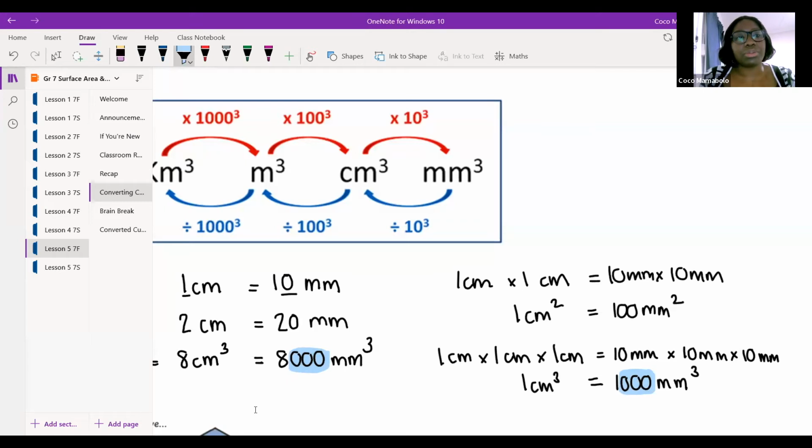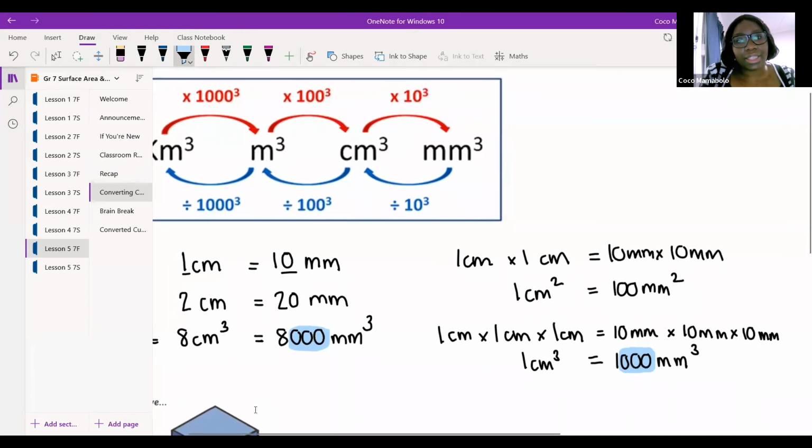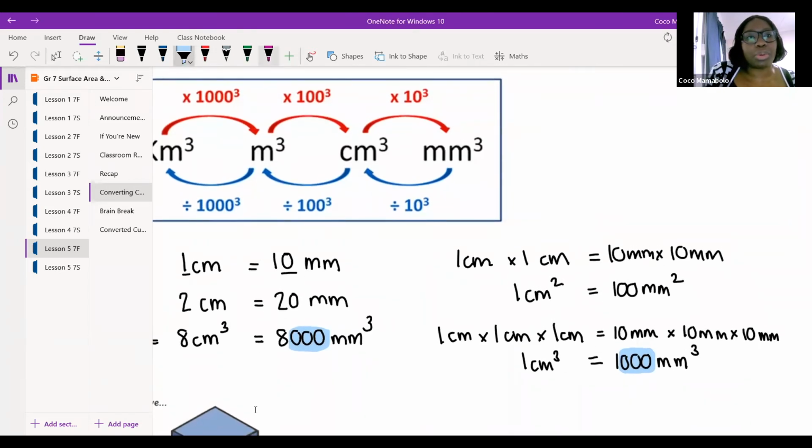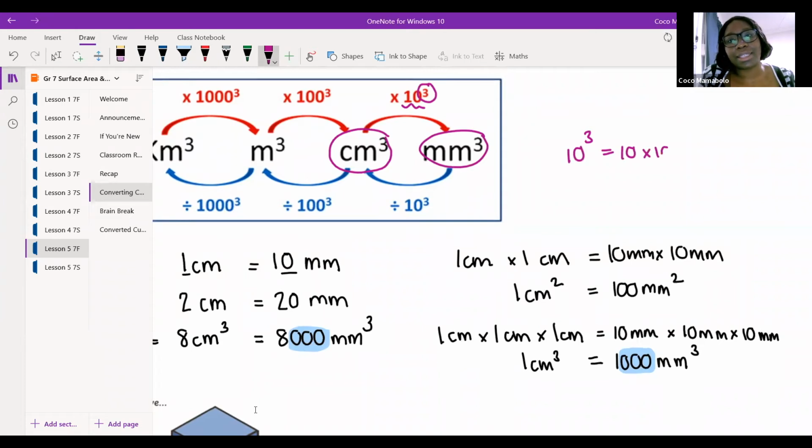It's 3 zeros. And the reason for that is, look at my beautiful drawing up here. When I go from centimeters cubed to millimeters cubed, it's the same thing as 10 cubed. 10 cubed is the same thing as 10 times 10 times 10.